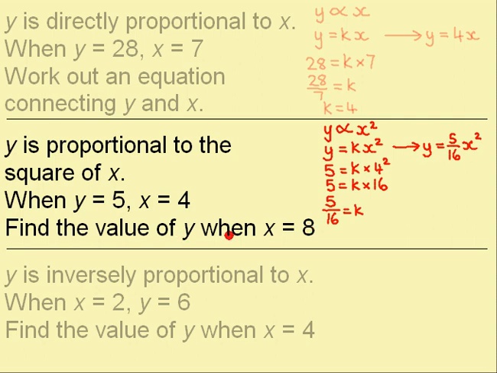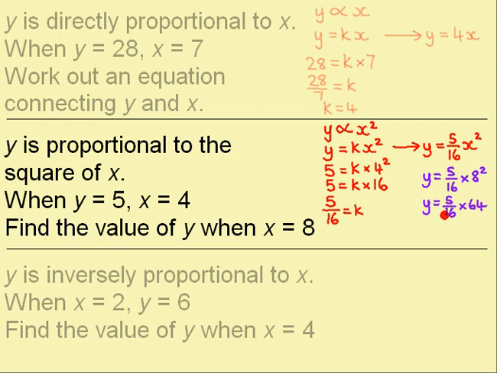So to find the value of y when x equals 8, I'm going to substitute 8 for x in this equation. So y equals 5/16 times 8 squared. So y is 5/16 times 64.